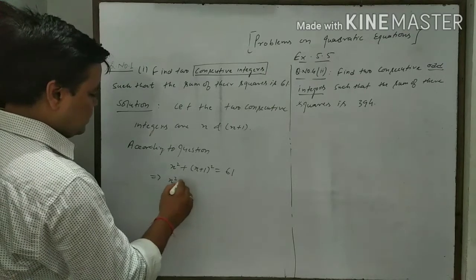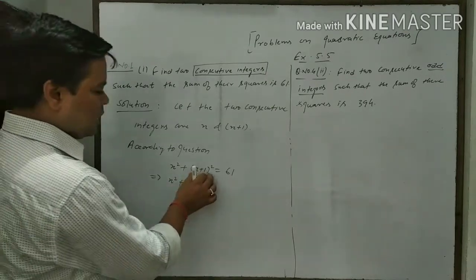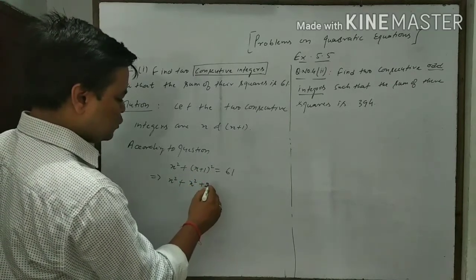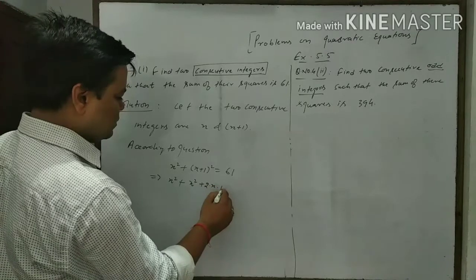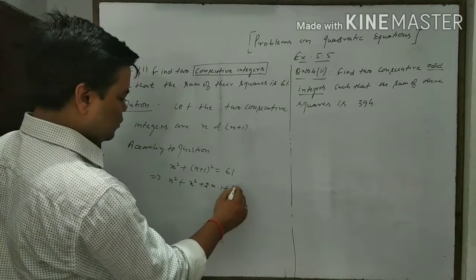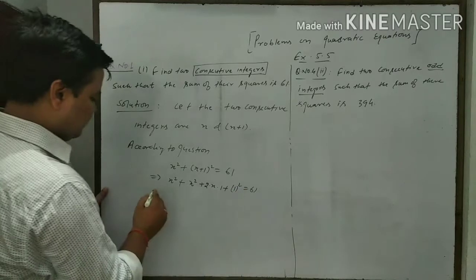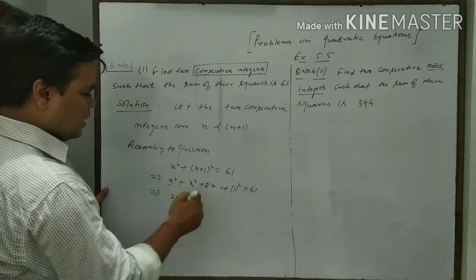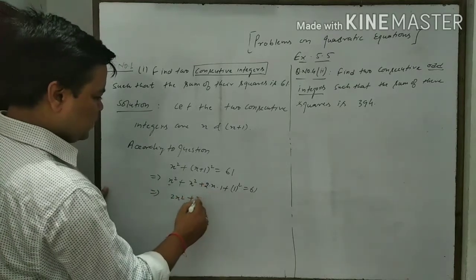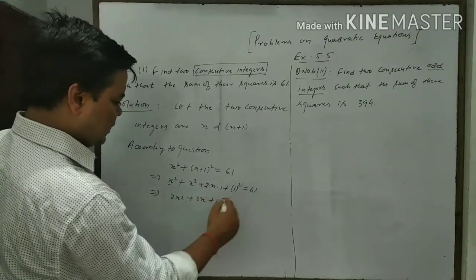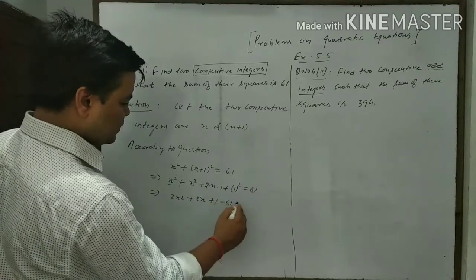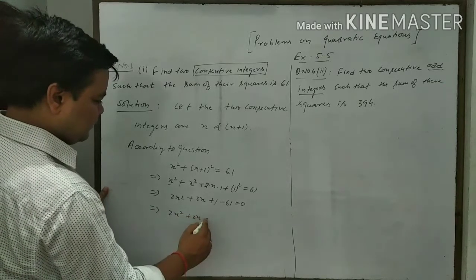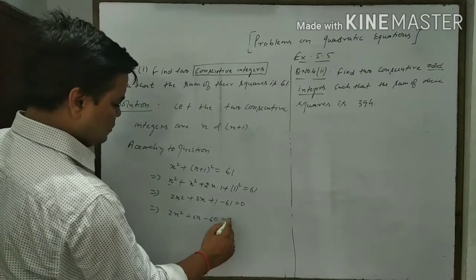It will be x square, and expand this using the formula (a plus b) whole square equals a square plus 2ab plus b square. So 2ab means 2 times x times 1, plus b square means 1 square, is equal to 61. It will be x square plus x square, 2x square, plus 2x plus 1. Take 61 to this side: minus 61 is equal to 0. This is 2x square plus 2x minus 60 is equal to 0.